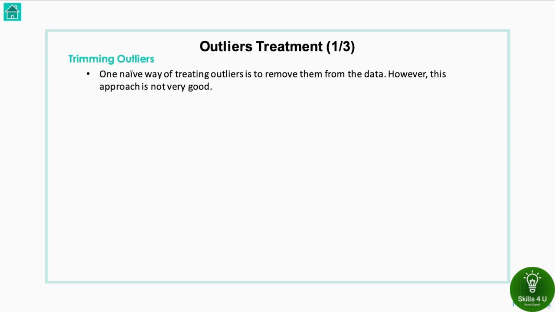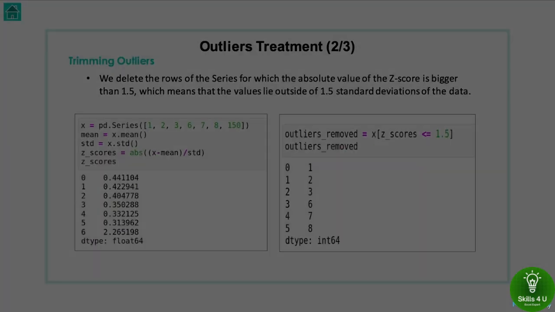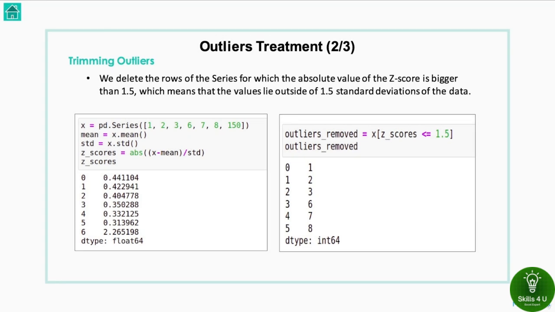A very naive approach is to delete the outliers from the data after detecting them. Consider the given series, for example. It is easy to say that the value of 150 is a potential outlier. We compute the z-scores of each value in the series x as shown in the first figure on the left.